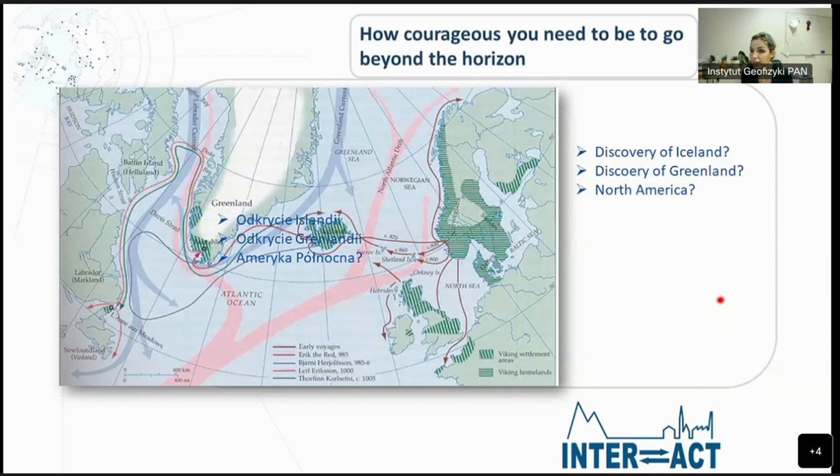We should seek land in that particular direction. So actually, Eric the Red is famous for discovering Greenland, at least from the European point of view. And after his exile from Iceland, he headed directly towards the shores of Greenland.